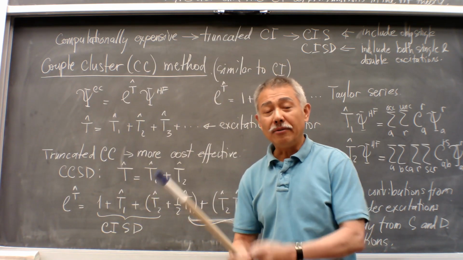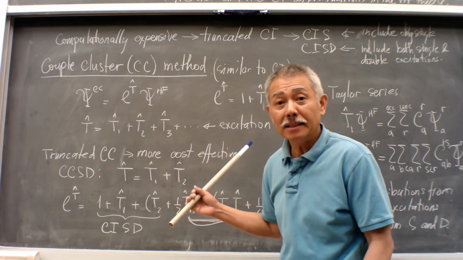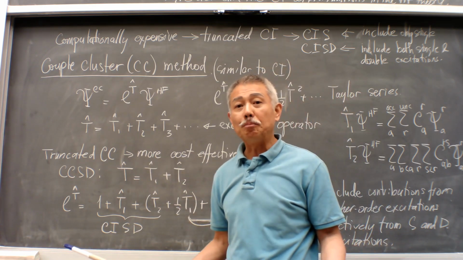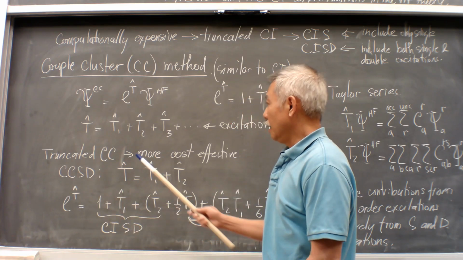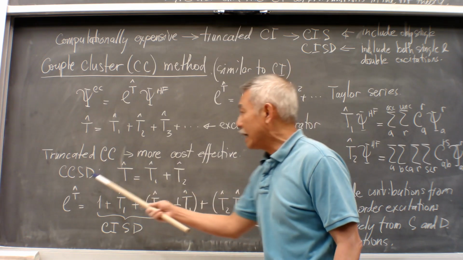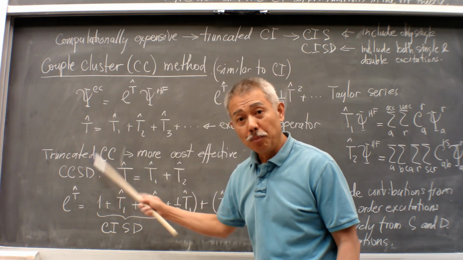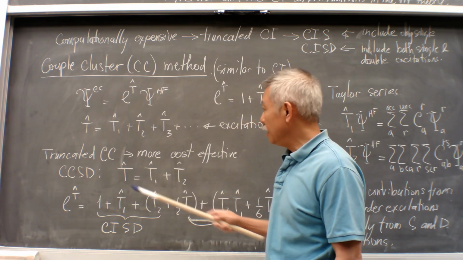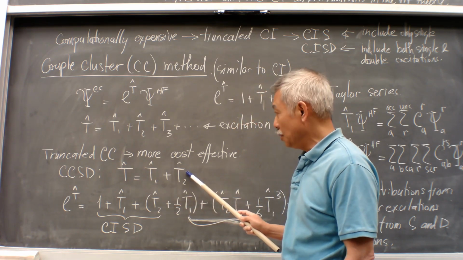If it is full size, that would be the same. However, for practical purposes, we truncate the coupled cluster. Let's say we truncate at single and double, so the excitation operators have only T1 and T2.